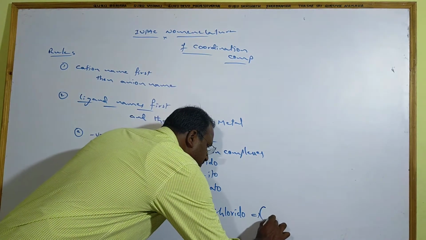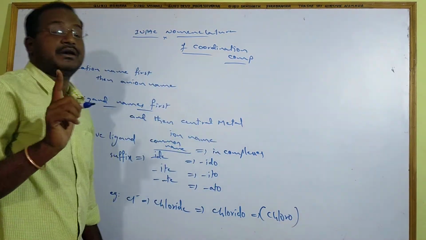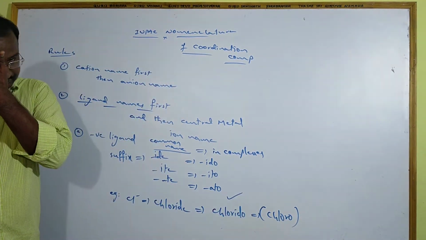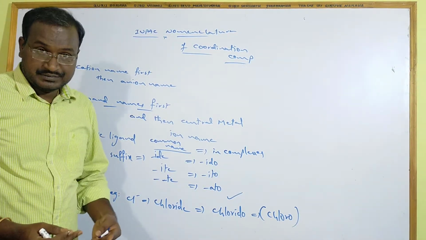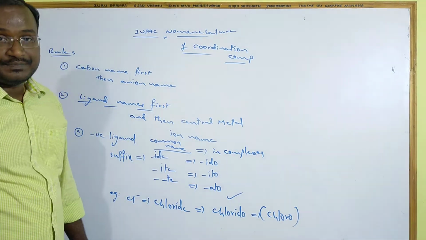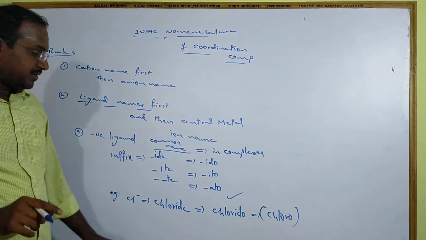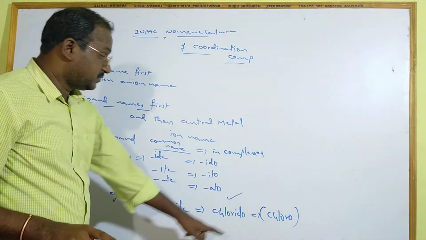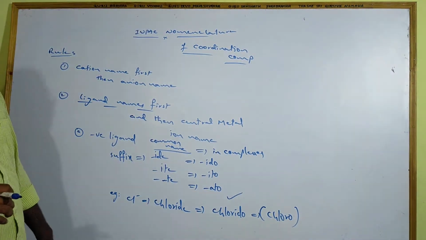Of course, we can also write chloro; it is also correct and acceptable, but mostly we write chlorido. If both are there in the options in the examination paper, chlorido and chloro, we have to choose chlorido. We should not choose the option chloro. This is the first thing.